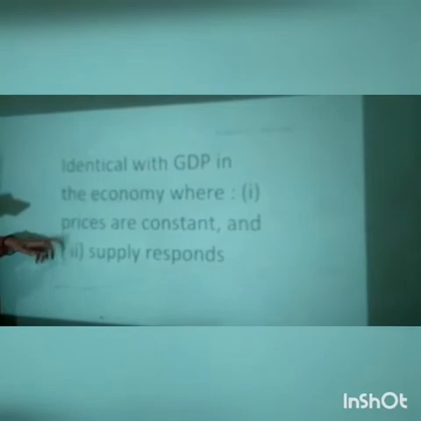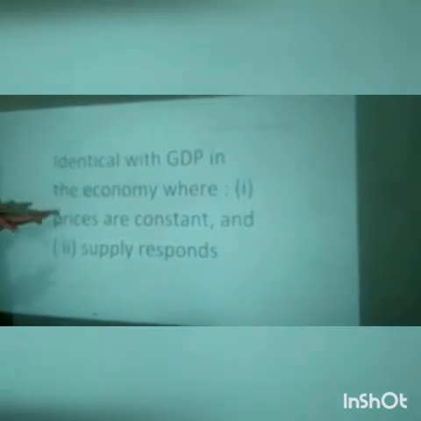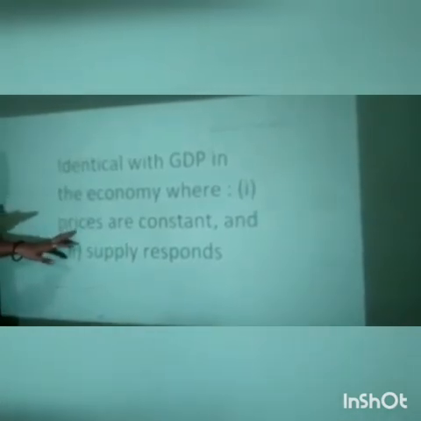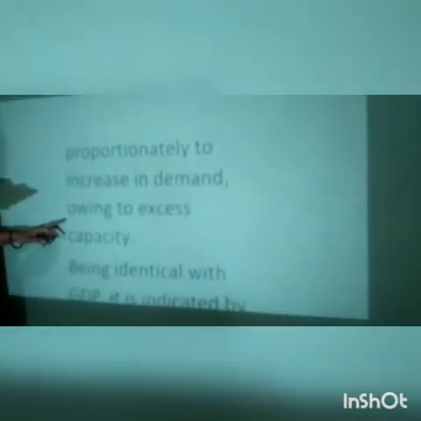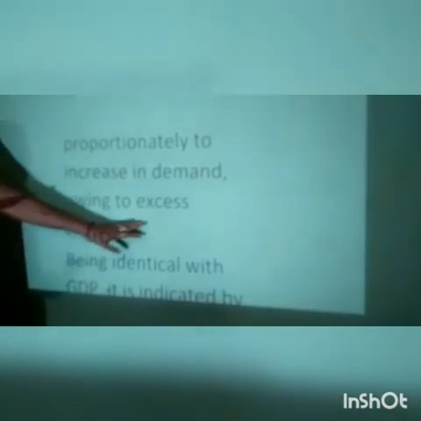Generally prices determine the supply, but here in the short run the aggregate supply is free from the effect of prices. So here prices are constant and supply responds proportionately to increase in demand owing to excess capacity. Means second feature is excess capacity.